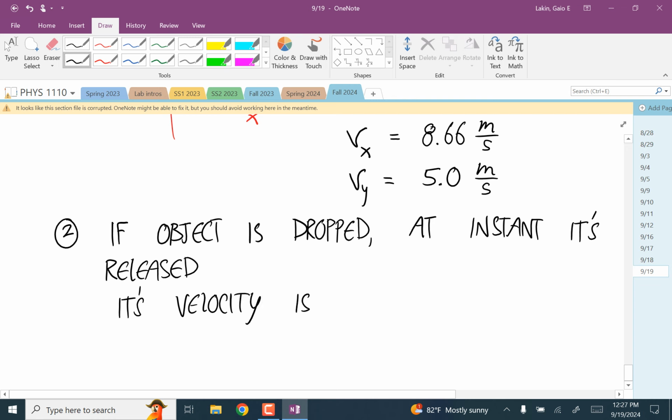Its velocity is the velocity of what it's dropped from. Or to make it less wordy, its velocity is the same as what it's dropped from.